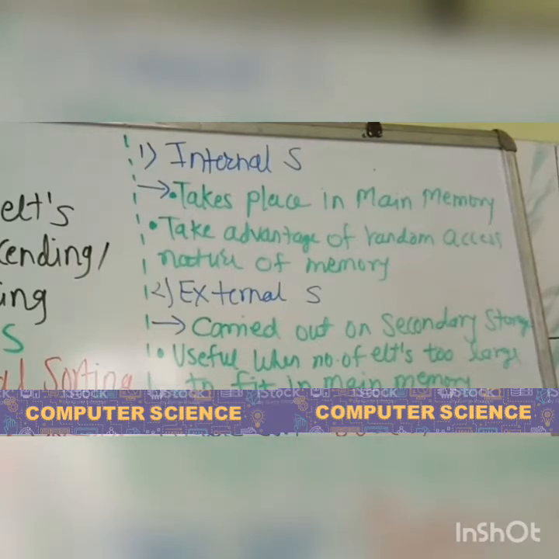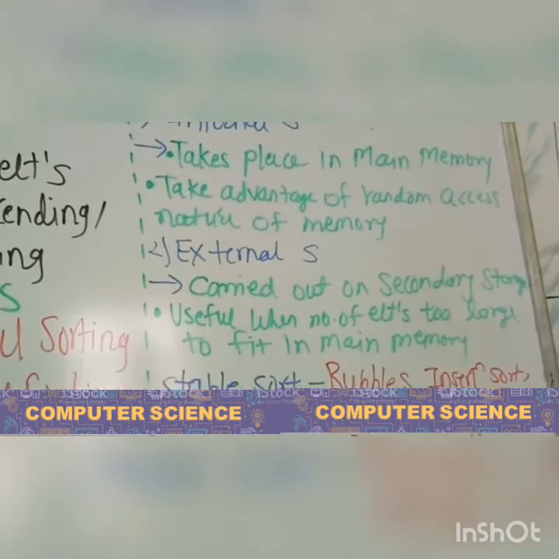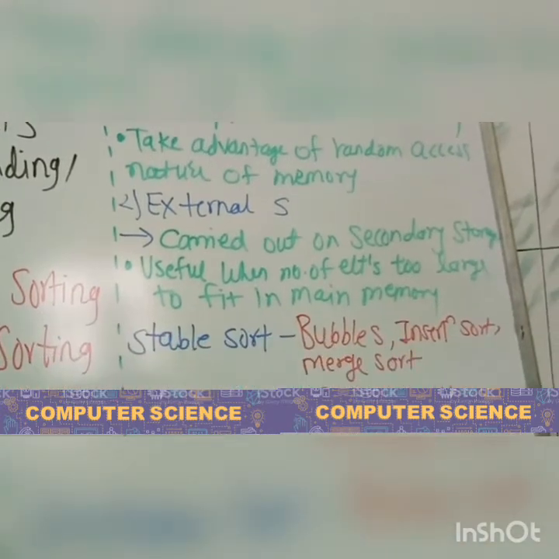What is the next mechanism, external sorting? External sortings are carried out on secondary memory. Secondary memories are the storage memories which we use to handle large amounts of data.